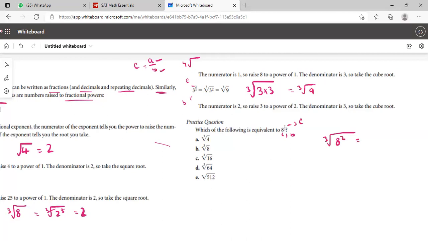Because another way of writing it down could be this, and this is basically 8^(2/3). Okay, this is the underlying concept. So we have this cube root, and 8 squared is 64. So this is the answer, right? Okay, so is it clear?